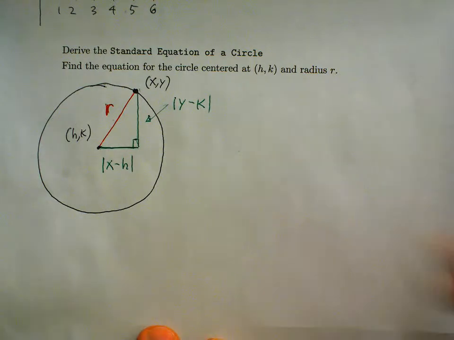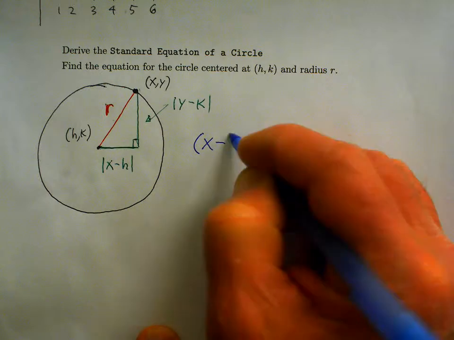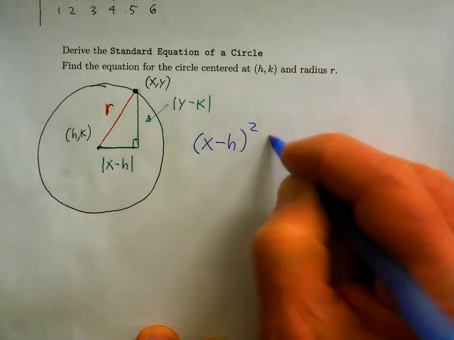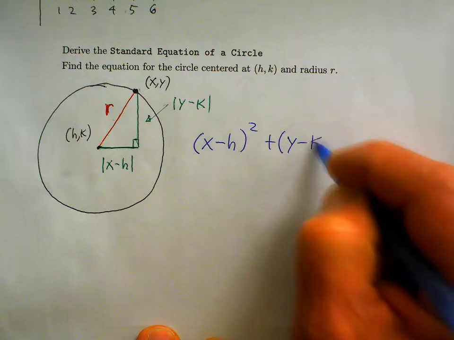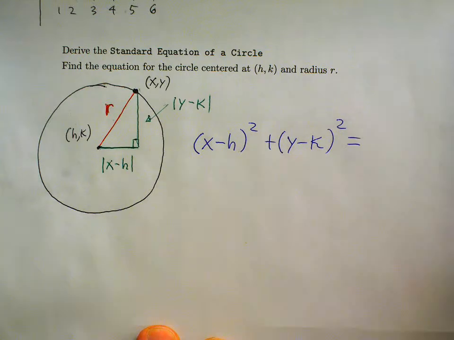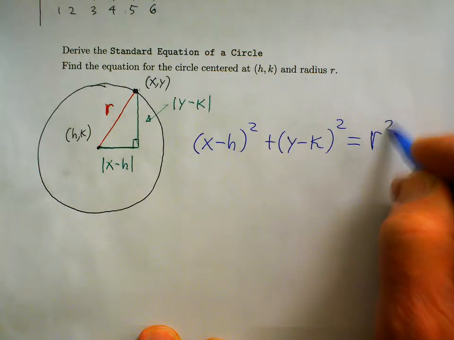So the standard way to do it, square the binomial x minus h, add that to the square of the other binomial y minus k, and that's equal to r squared.